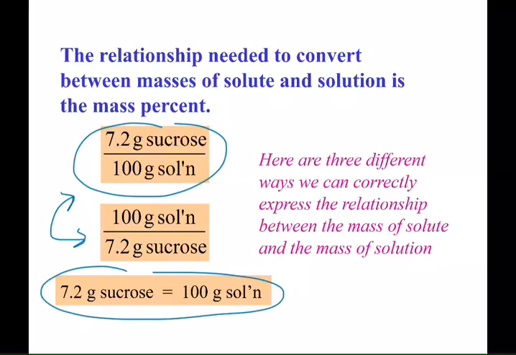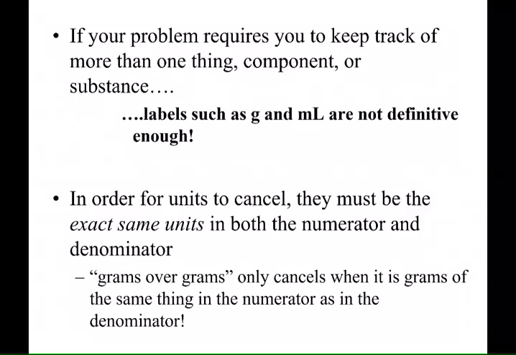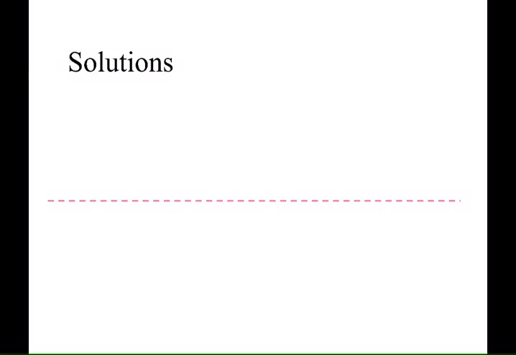This is the flattened out version of that property of the solution. Here's my little hint: make sure that you have grams of two things. You have grams of sucrose in the numerator for this problem and grams of solution in the denominator. You can't just leave it as grams. You have to be explicit. All right, let's go ahead and work these.